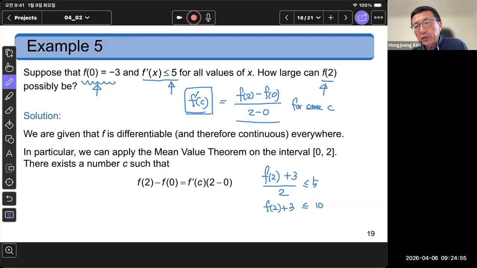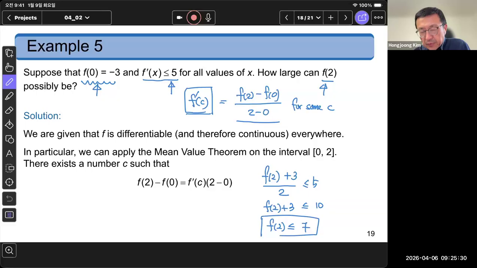And then if I subtract 3 from this inequality, f of 2 cannot be greater than 7. So if I use the mean value theorem, I can find the largest value that this function can take. Or sometimes you can find the opposite, the smallest possible value that this function can take.